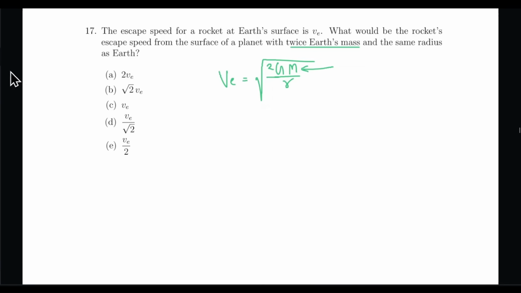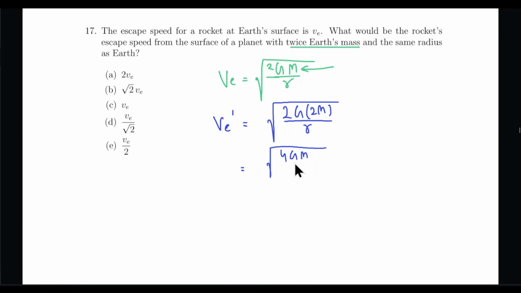So if the mass is doubled, obviously this doubling means a square root 2 factor, but I can definitely do it out for you. VE, let's call it VE dash, will be square root of 2G 2M over r, which will become square root of 4GM over r. We need to find the ratio.